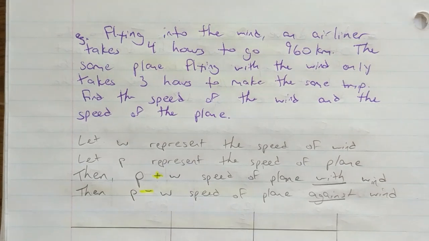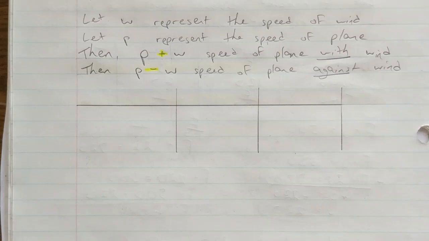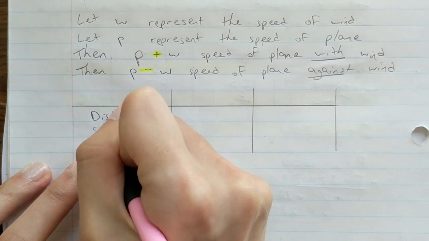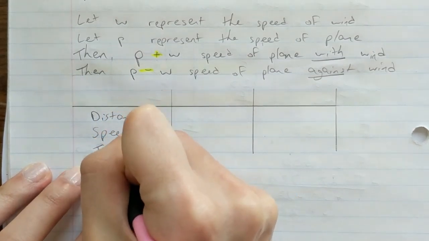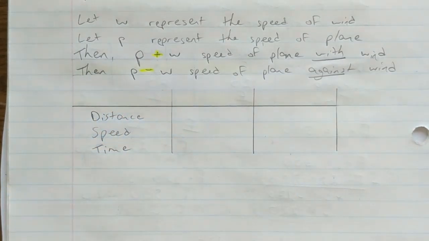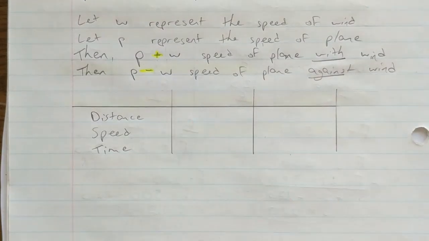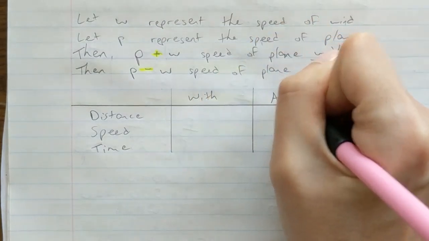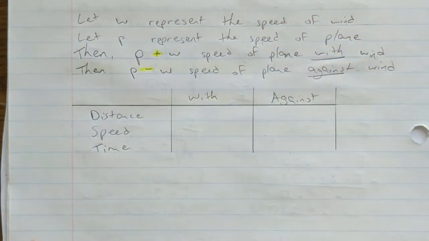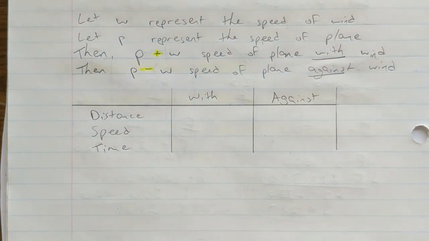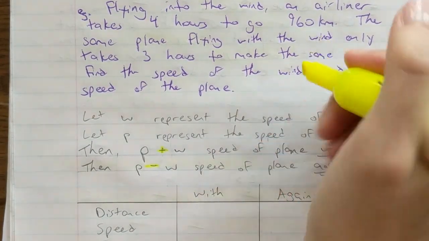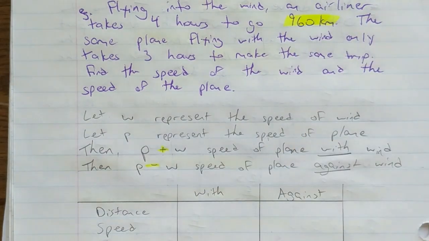Okay? Let's start setting up our table here. We're going to do it the exact same way where I have distance, speed, and the total amount of time. Here, I have two different situations. I'm going with the wind, and I'm going against. We know that regardless of how the wind is facing that day, the distance that I am traveling is 960 kilometers. So I can fill that in.